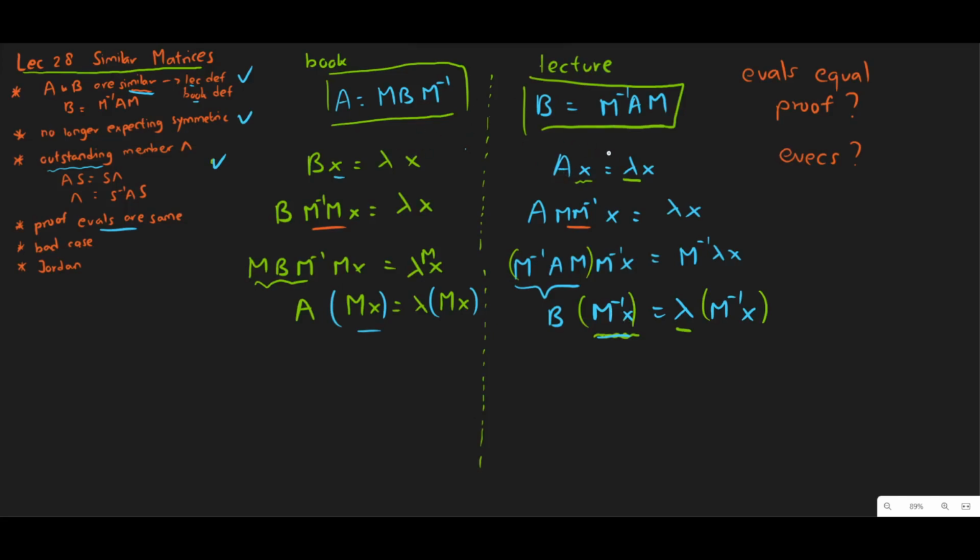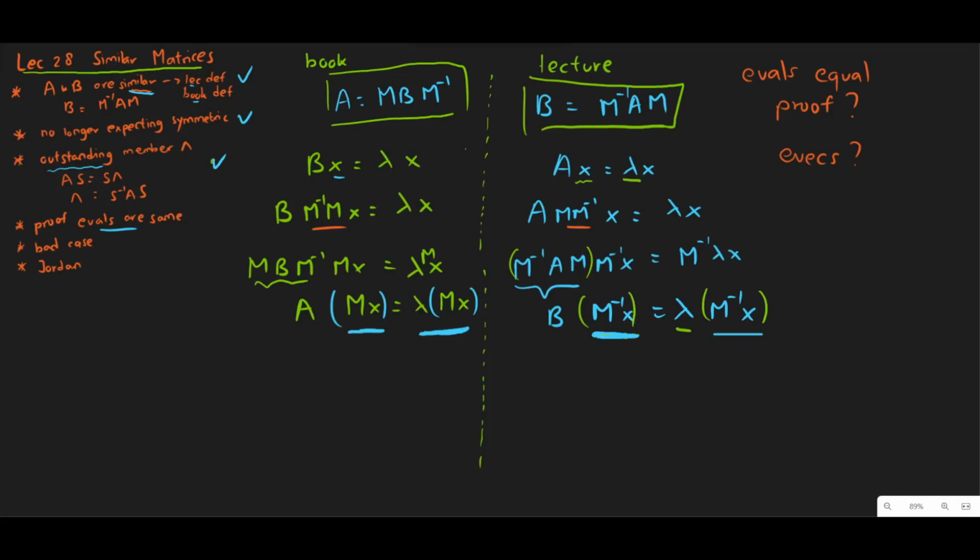I believe the book has this definition in the example or in the proof, where they said that the eigenvector changes direction to M x, while in the lecture the professor mentioned the eigenvector changes to M inverse x. So let's just realize that these two are telling you the same thing.